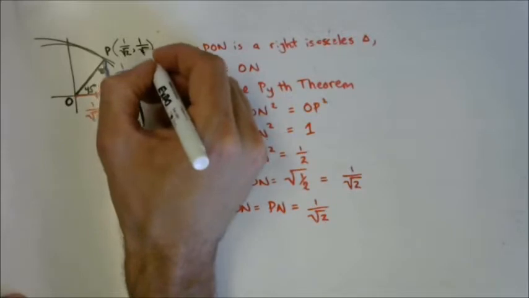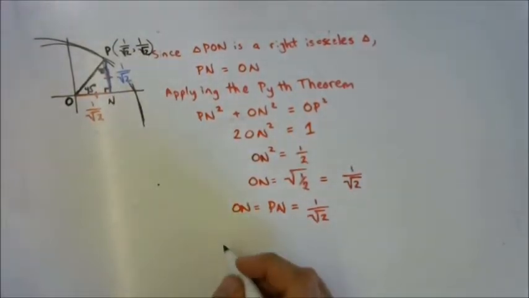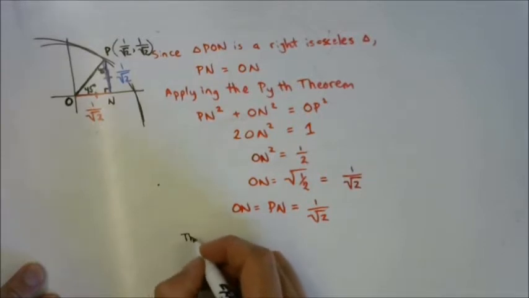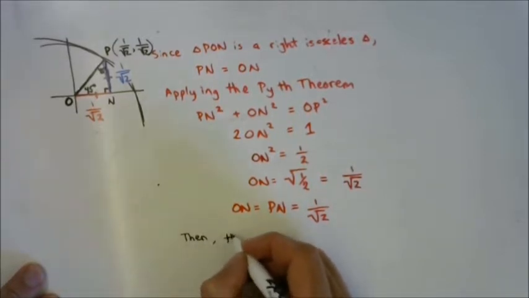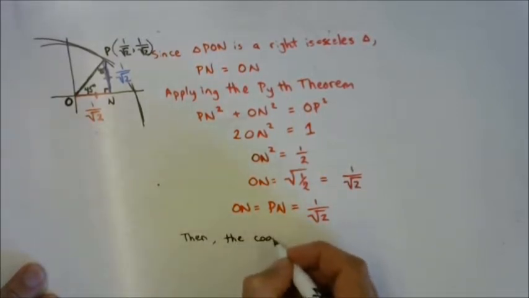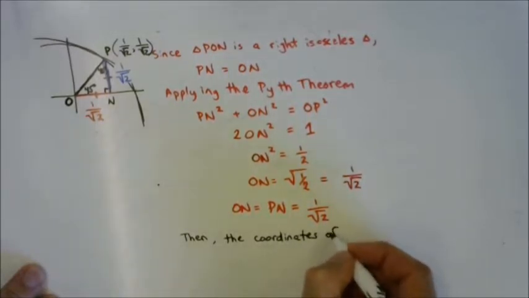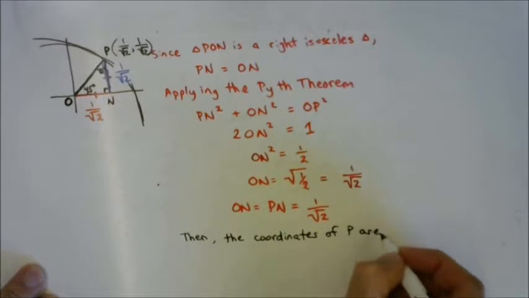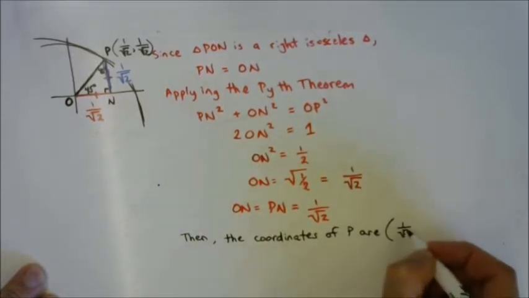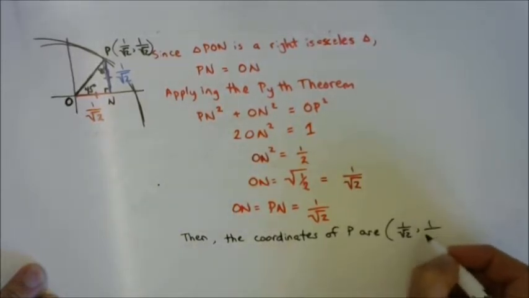Both coordinates are 1 over radical 2. The coordinates of P are 1 over rad 2, comma, 1 over rad 2.